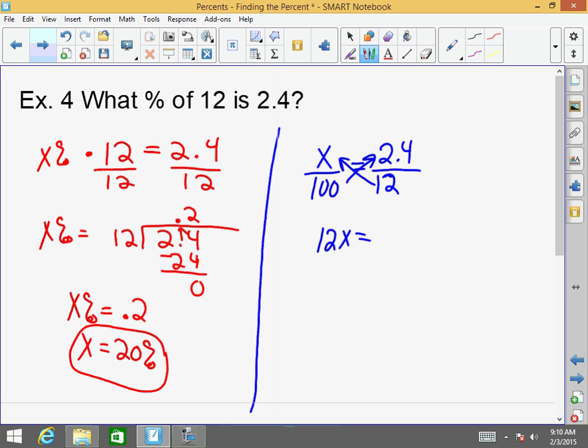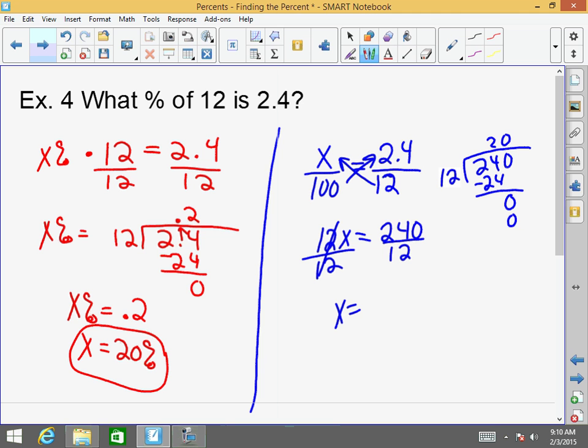I move it to the right. How many places? 2 times. Very good. So that would be 240 divided by 12. X would equal 12 into 240. That goes in 2 times. Drop a 0. 20%.